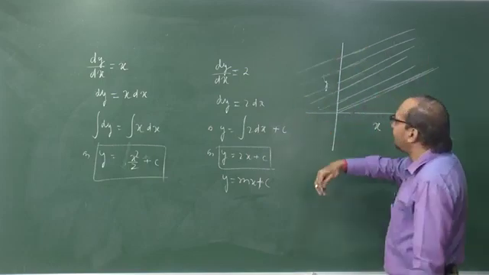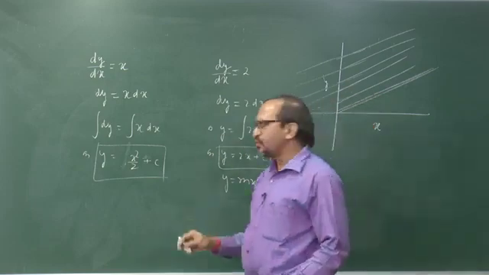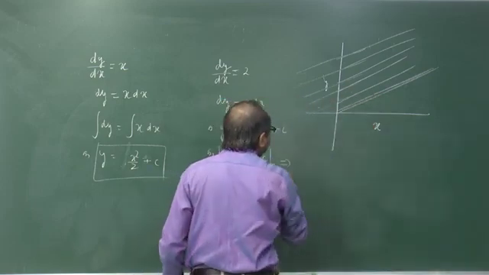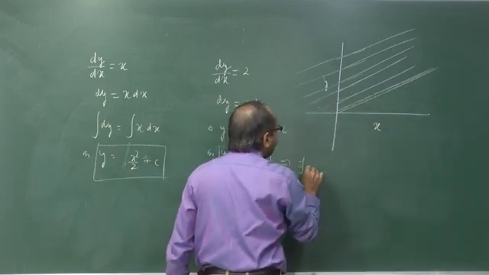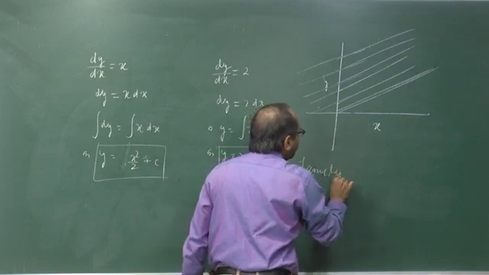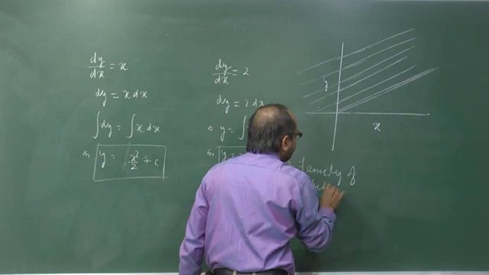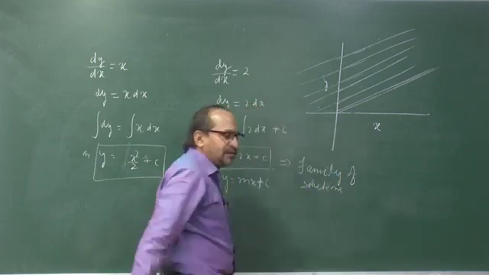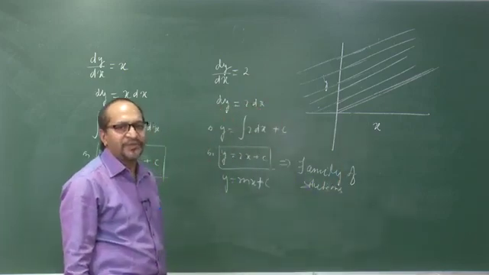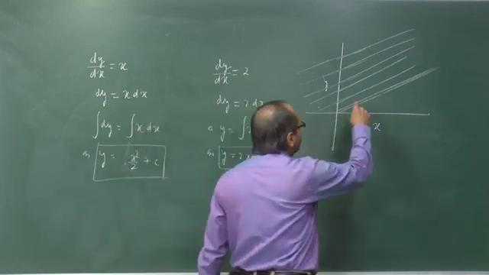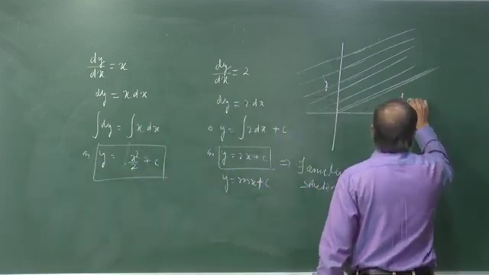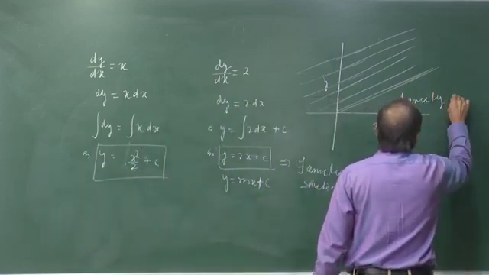So, there is a family of curves. What it means is, because of c we get a family of solutions, or in the geometrical interpretation we have a family of curves.